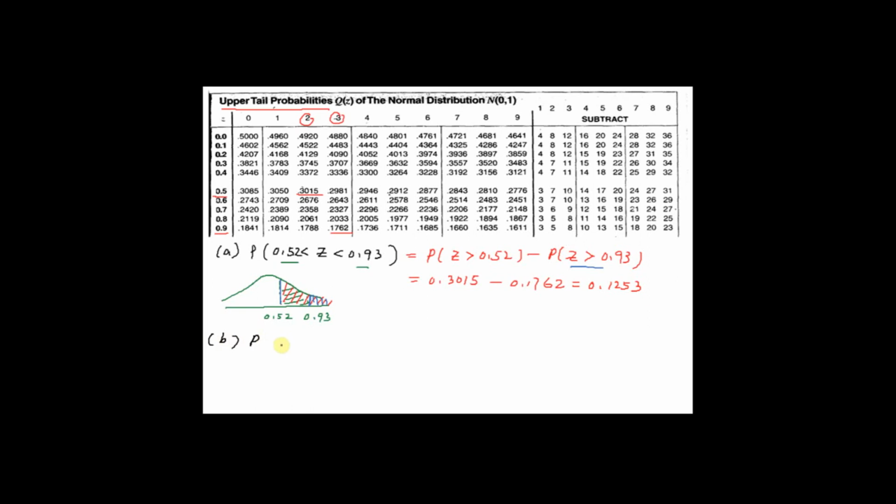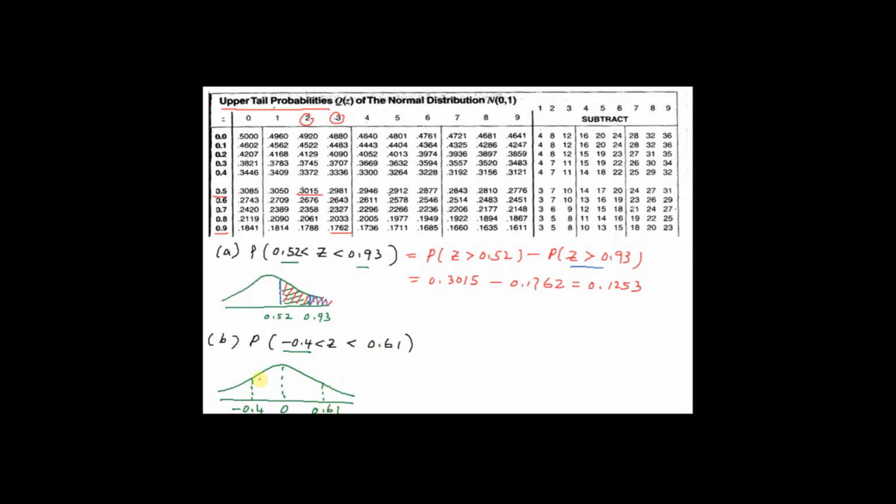So how about this? You want to find the probability Z more than negative 0.4 and less than positive 0.61. So now the first step here is to shade the region. You have one negative number, so it's negative 0.4. Remember, your 0 is here. So the negative number will be on the left. And you have one positive number, 0.61.